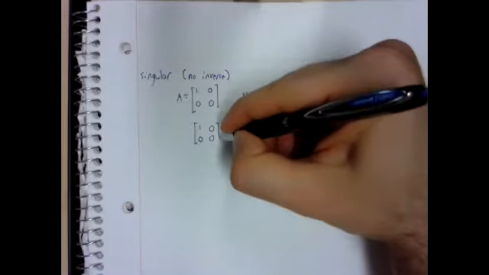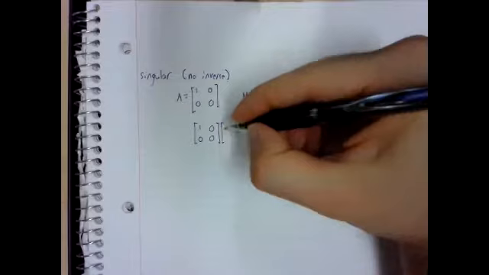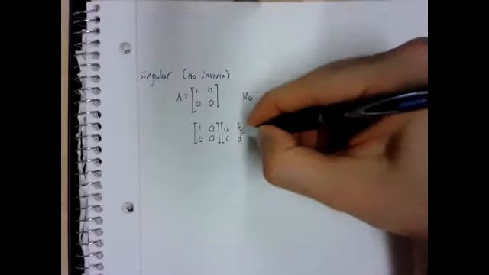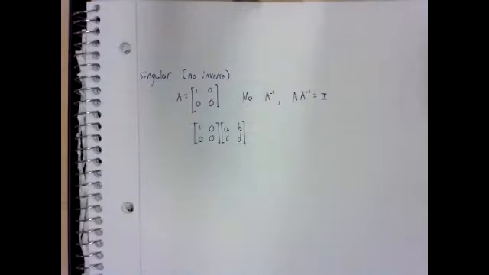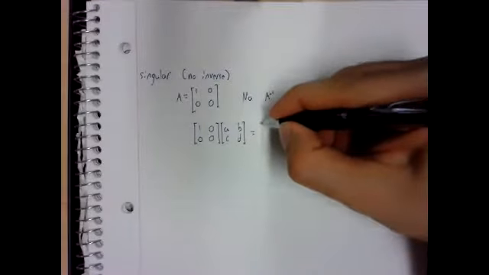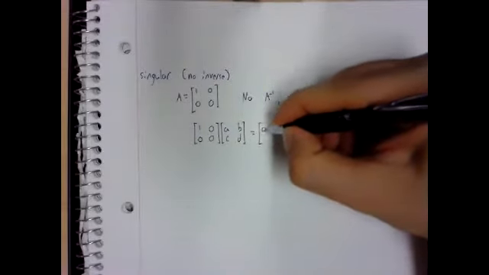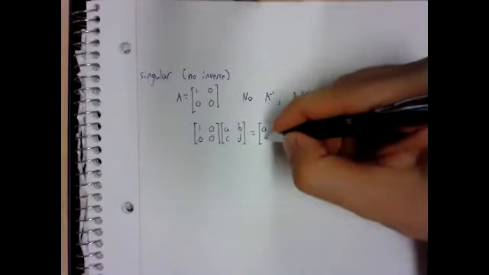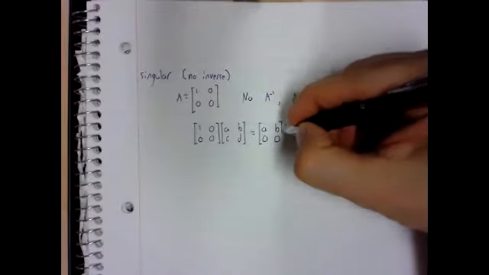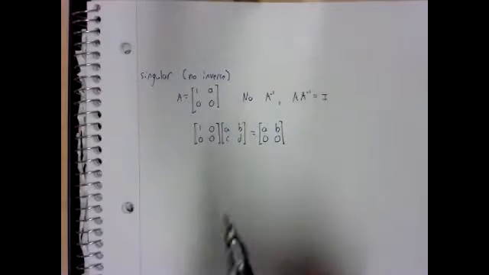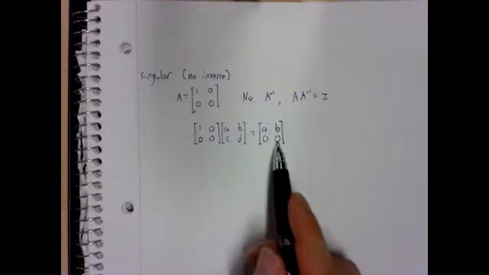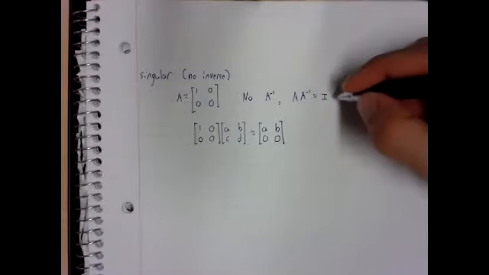To see that, let's multiply A by an arbitrary 2 by 2 matrix and see what happens. Now, what happens, as it happens, is that the second row of this matrix gets turned to 0.